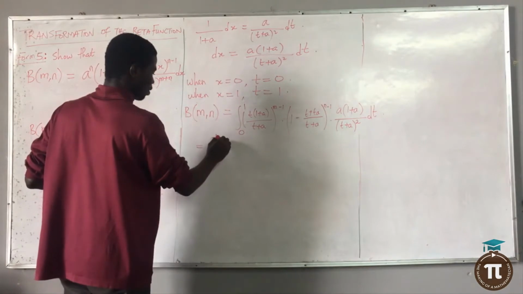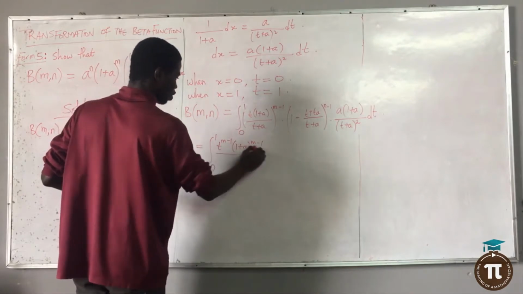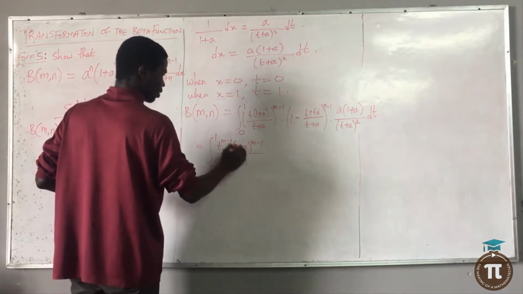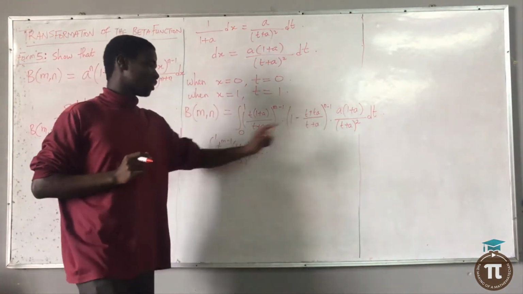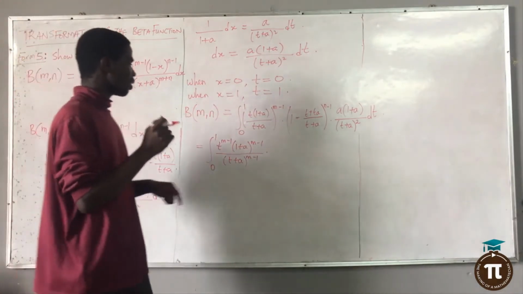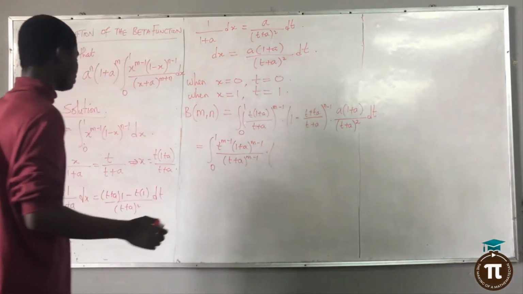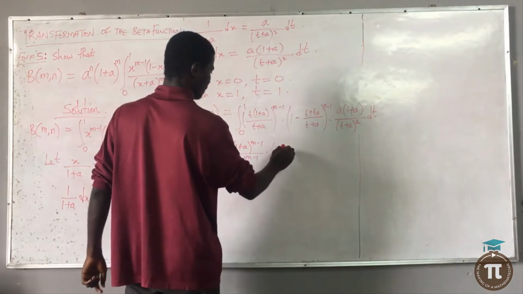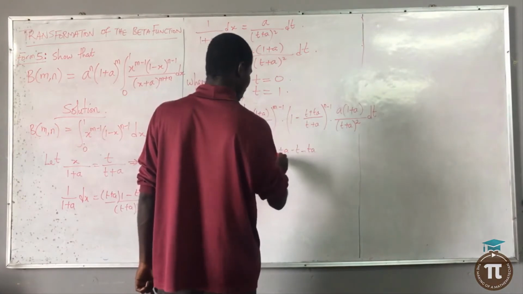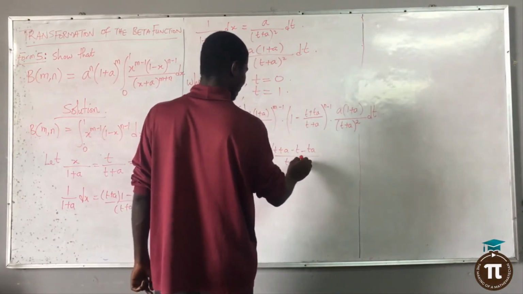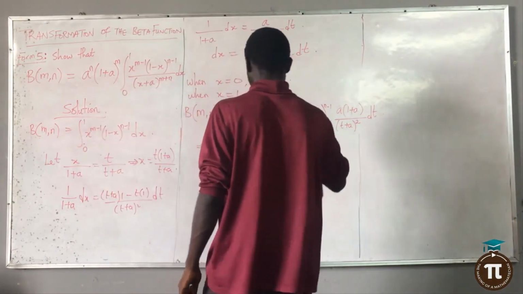This one will be t raised to the power of m minus 1, times 1 plus a raised to the power of m minus 1, over t plus a raised to the power of m minus 1, then multiplied by, by the time you do this, t plus a minus t, that is a, all over t plus a, everything raised to the power of n minus 1.